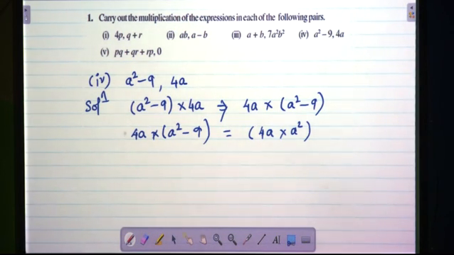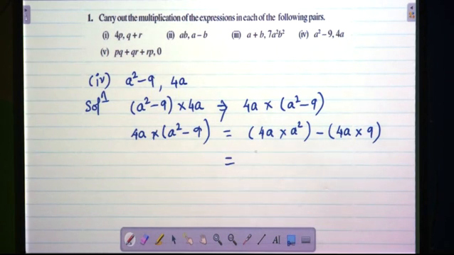Now, 4a has the sign plus, and inside the bracket in between sign is minus. So, plus into minus, it becomes minus 4a into 9.